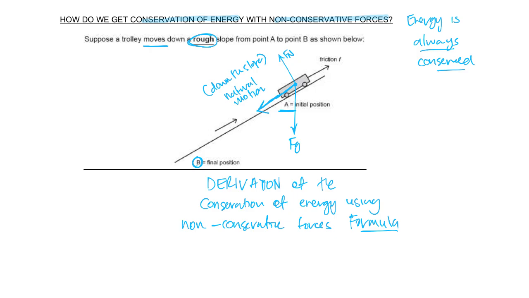But at the exact same time of having that natural motion, going up the incline, opposing that motion is friction. So friction opposes motion. And I know now that if I have friction, then I have a non-conservative force.